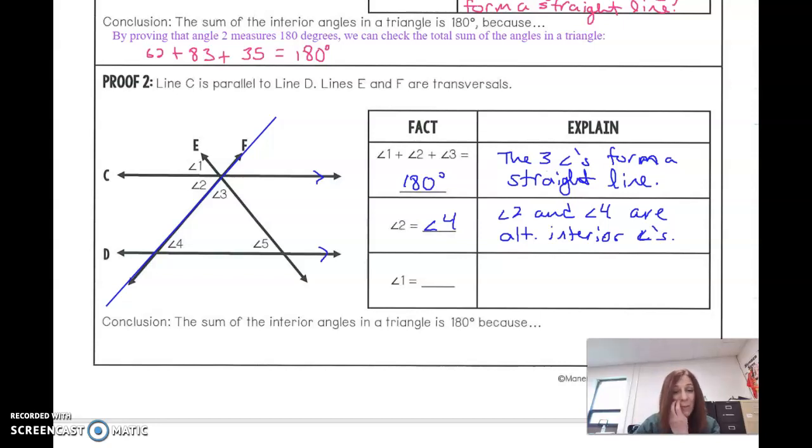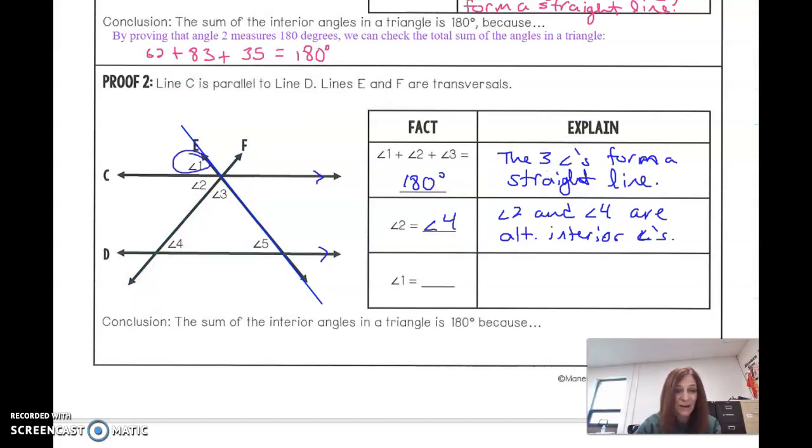And then angle 1 and angle 5. Check this out here. If I draw this line back in, do you see how angle 1 is above and to the left of the transversal?